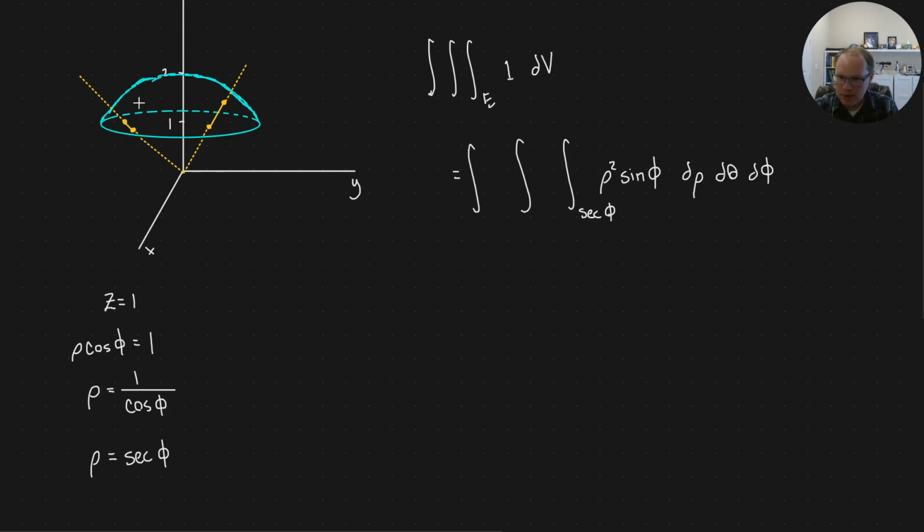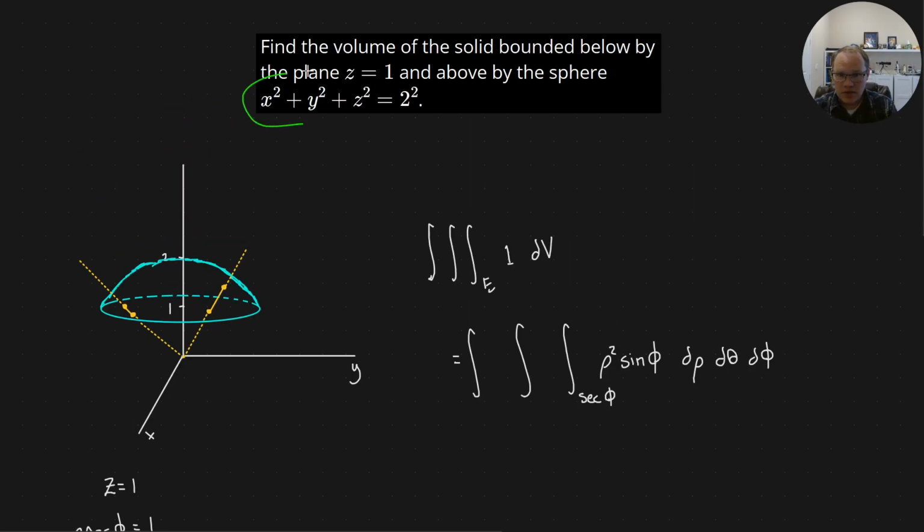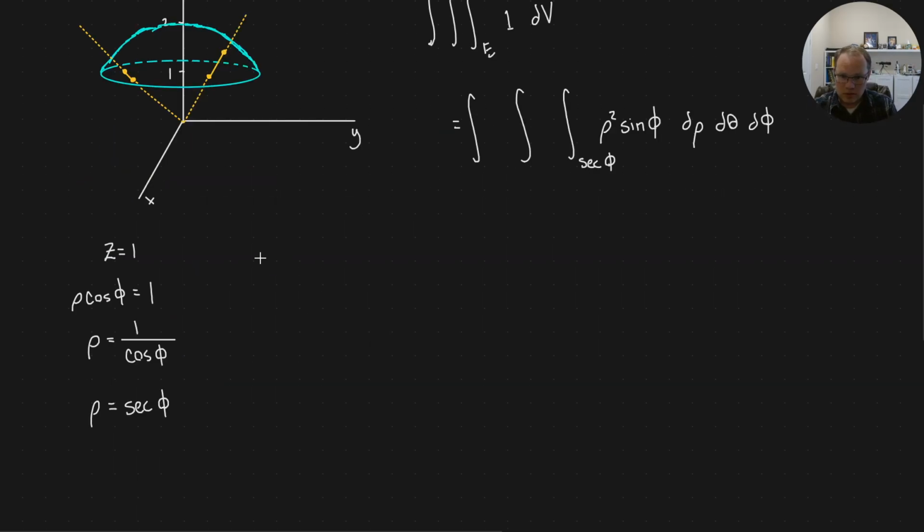Now what about the top plane? I'm sorry, not the top plane, the top surface. The portion of the sphere. Well, the sphere is x squared plus y squared plus z squared equals 2 squared. So x squared plus y squared plus z squared equals 4.